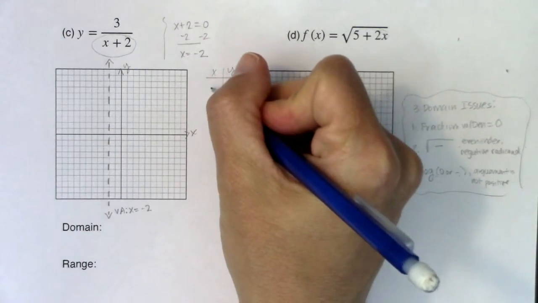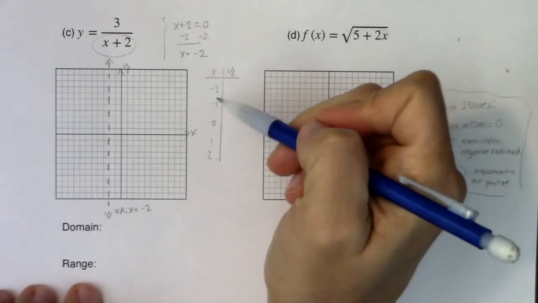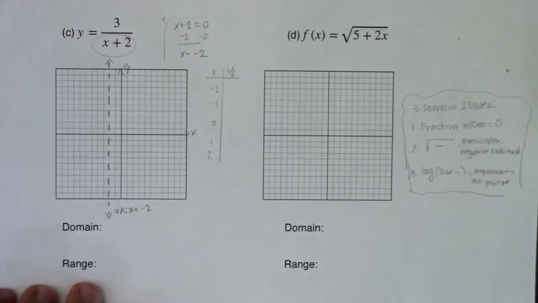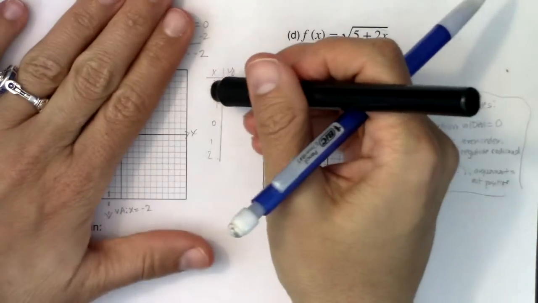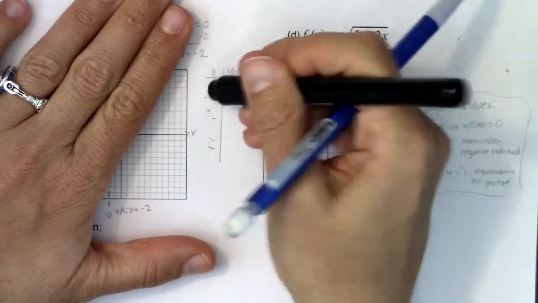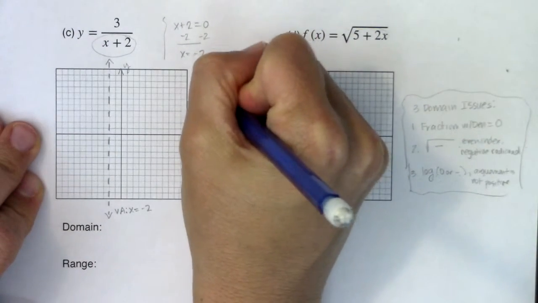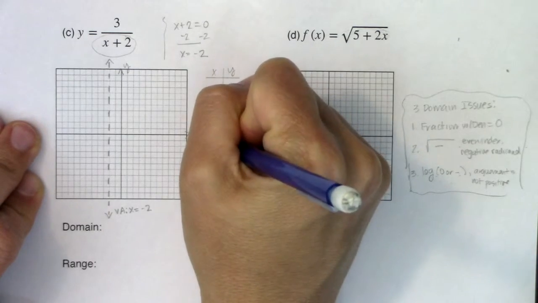Now, if I was going to do my 5 x values like I always do, I'm going to run into some problems because I can't plug in -2. And I want to see what's happening on the left side of this, which happens to be -2. So I'm going to shift this just a little bit. Let's try -4, -3, and then we'll do -1 and 0.